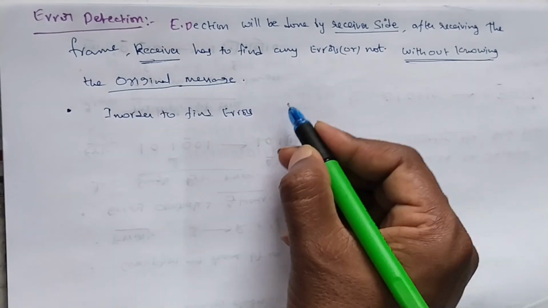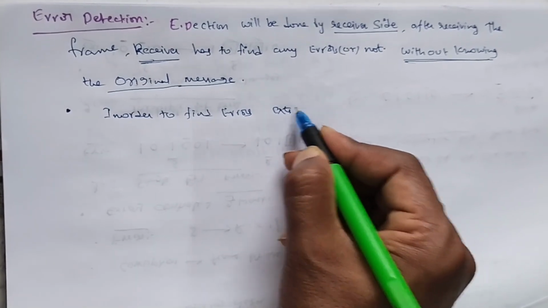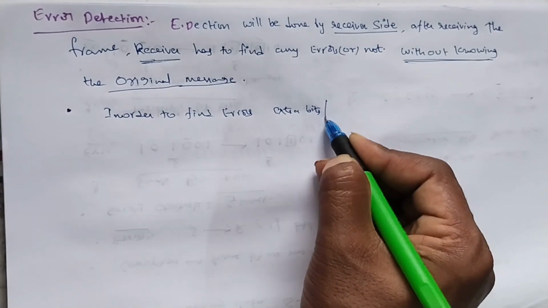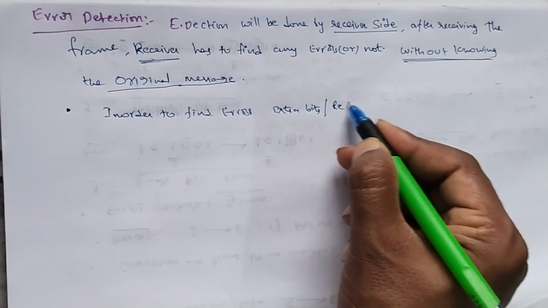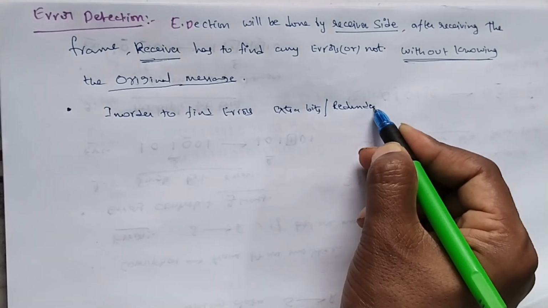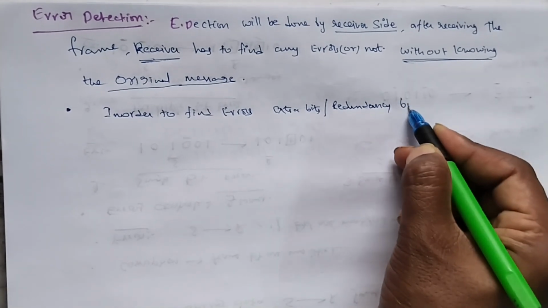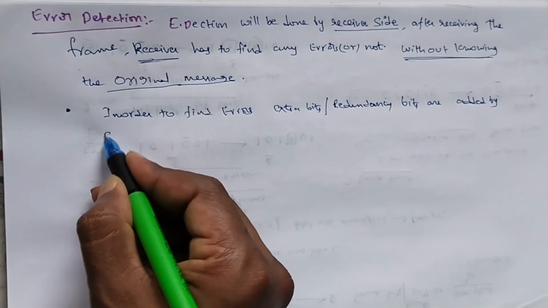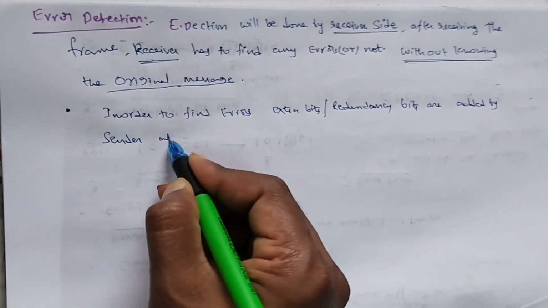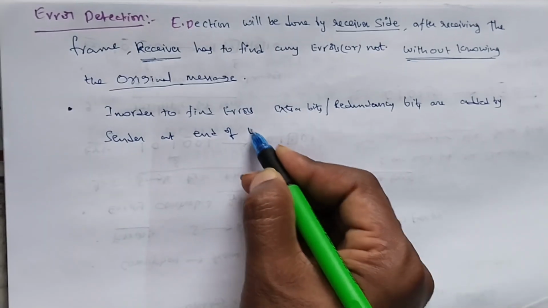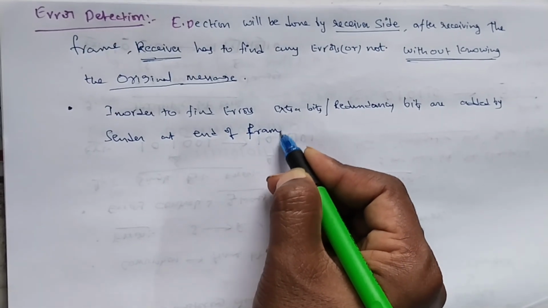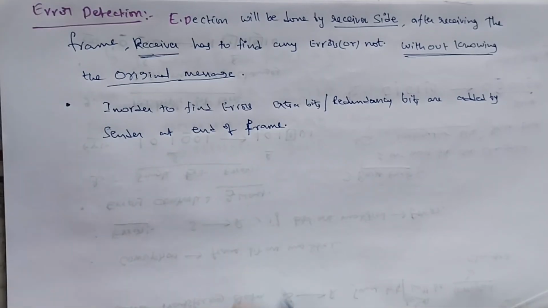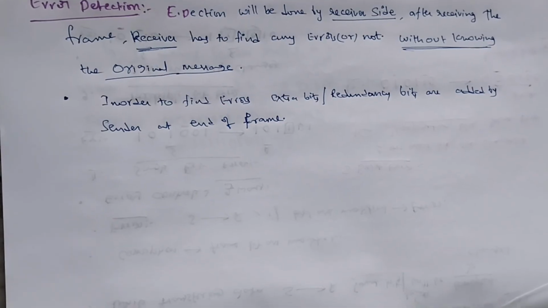Extra bits are added by the sender at the end of the frame. Based on these redundancy bits, the receiver will detect the error.